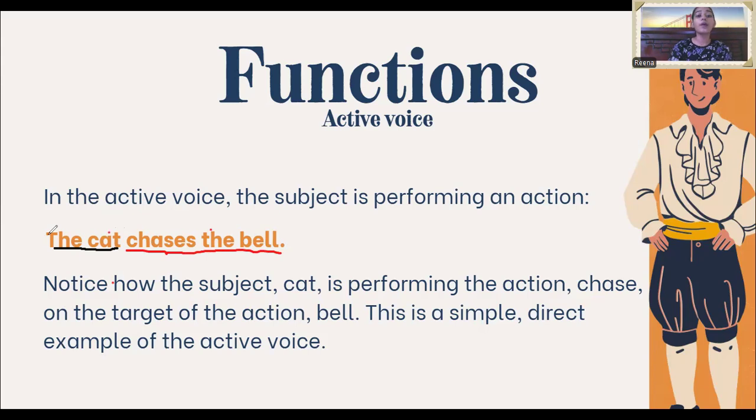So if you know that the subject is doing something, you understand by the context that the subject is doing some kind of verbs, some action, then that sentence is using the active voice, not the passive voice, the active voice. So this is a simple direct example of the active voice. So, can you give me one more example in the comment box? I'll wait.